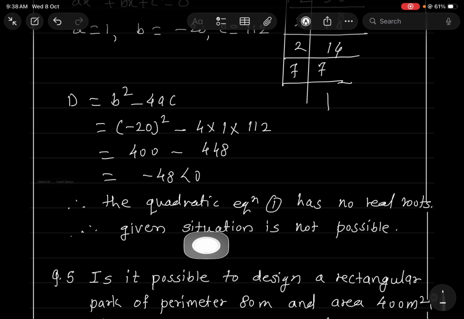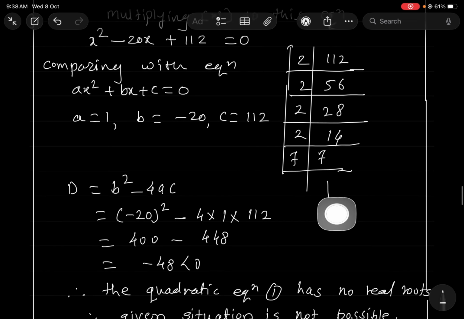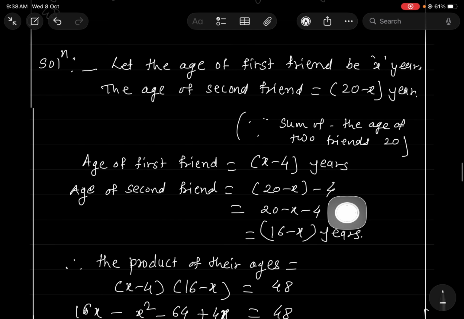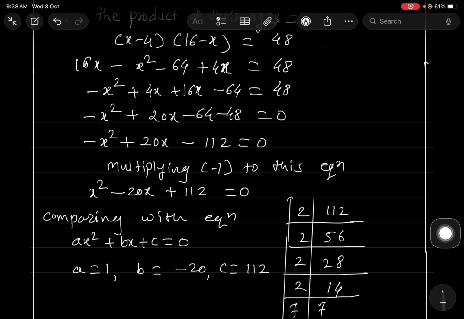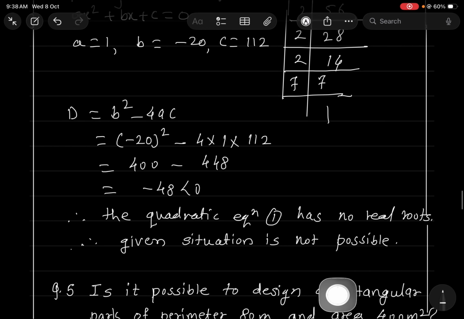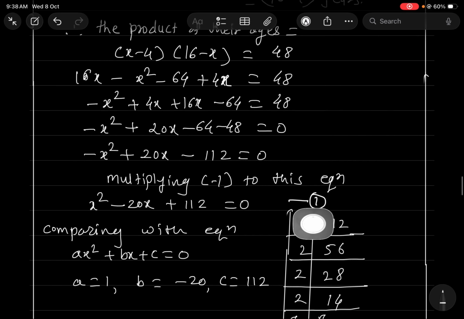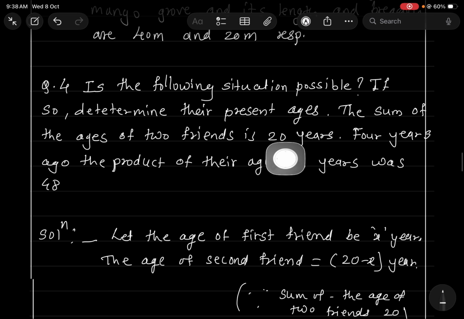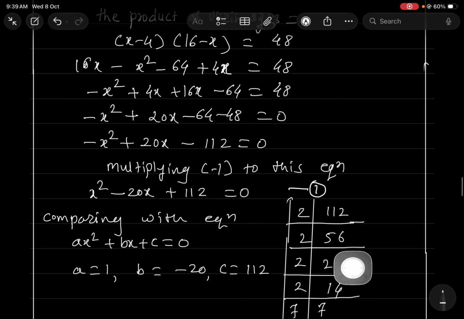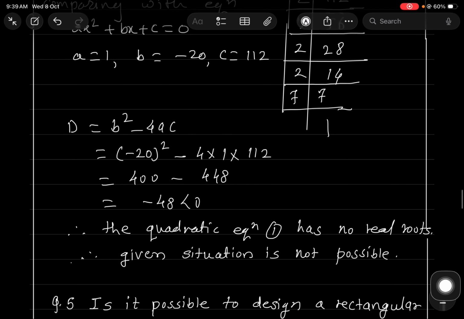So this quadratic equation has no real roots, and the given situation is not possible. Minus 48 is coming as the discriminant, and this minus 48 is less than 0, so the equation has no real roots.